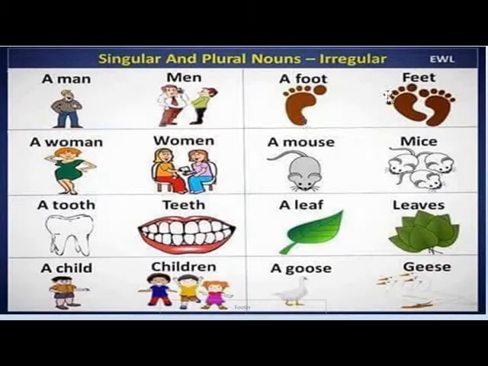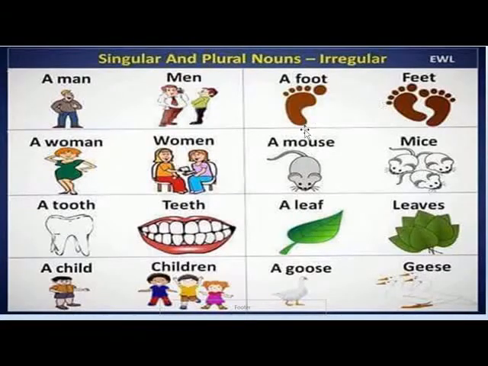A foot becomes feet. A mouse becomes mice. A leaf, here it is regular, but because we replace the F with V, then add ES, so here also there is S at the end. The last one is a goose, it will be geese.